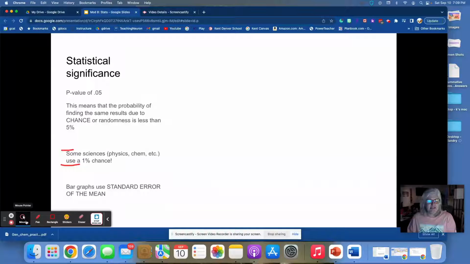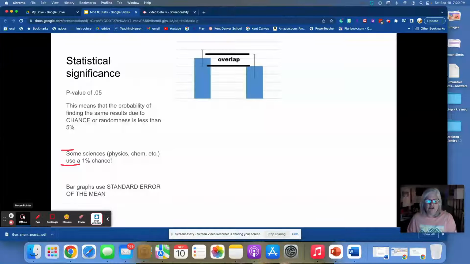Okay, moving on. Statistical significance. I think this one's kind of cool. In psychology, if you have never taken something like AP biology or learned about what a p-value is, it's basically saying there's a 5% chance.